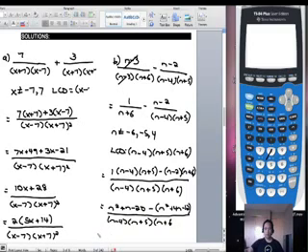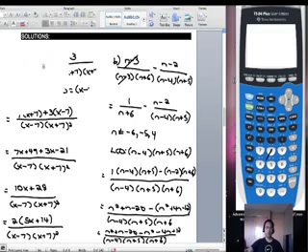So that's our next step here. A little questionable if I'm going to have enough room. Oh, it's going to be tight. Make some room over here now.